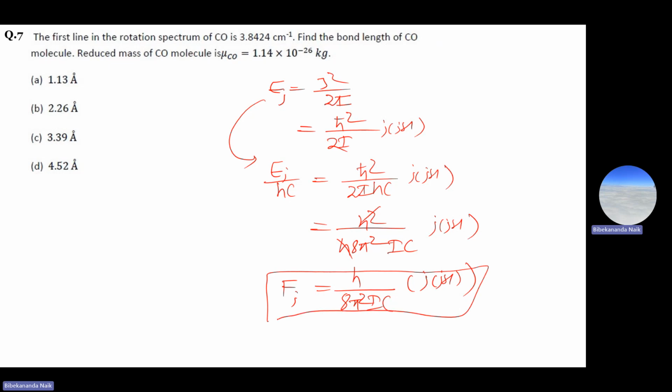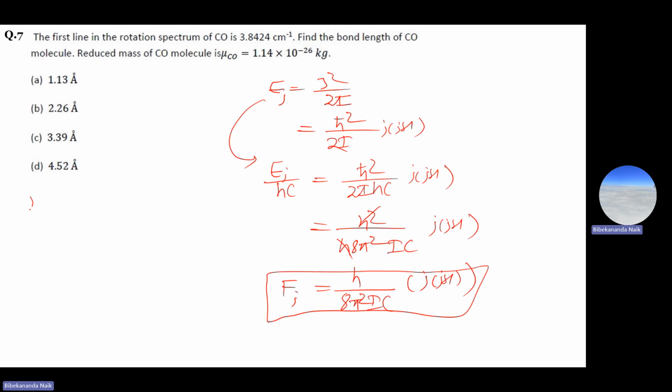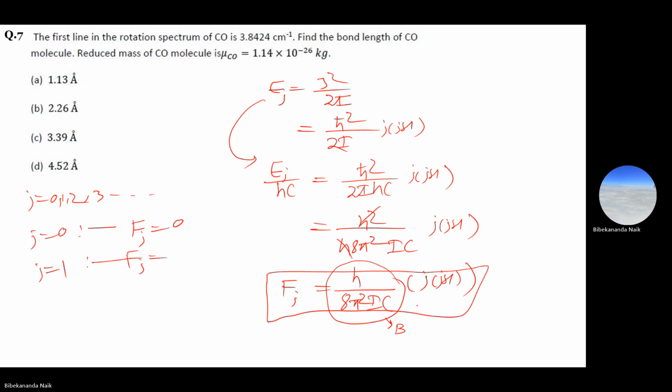If you consider the value of J, J equals 0, 1, 2, 3, like this. This constant is called B. If you write this constant as B, then for J equal to 0, F_J will be 0. For J equal to 1, F_J will be 1 into 1 plus 1, that is 1 into 2, equal to 2, so 2B.